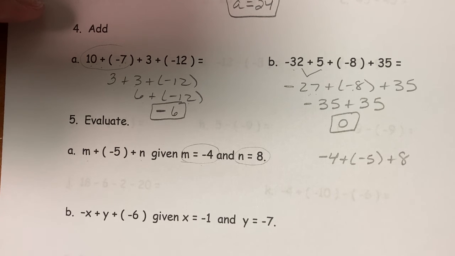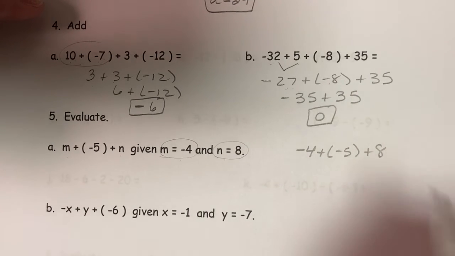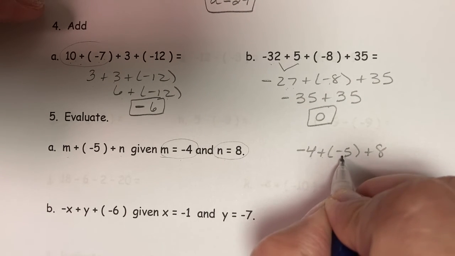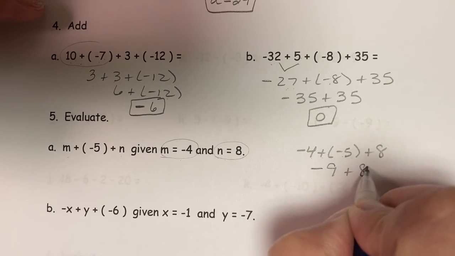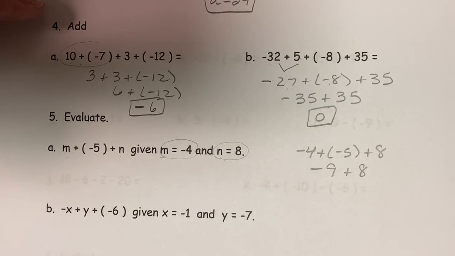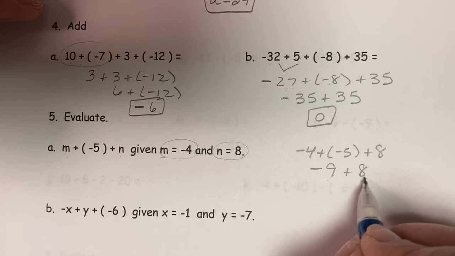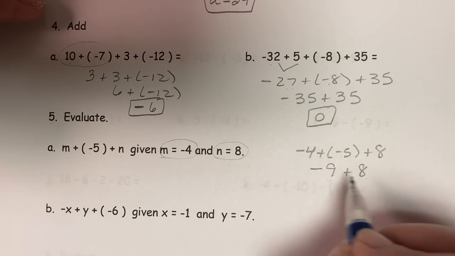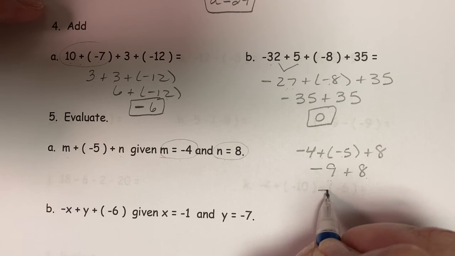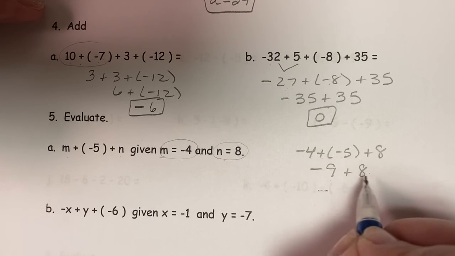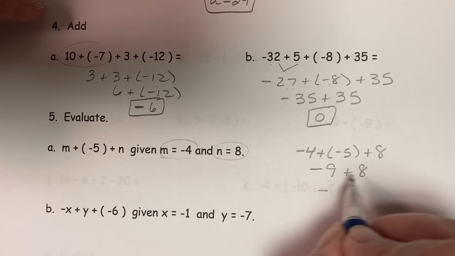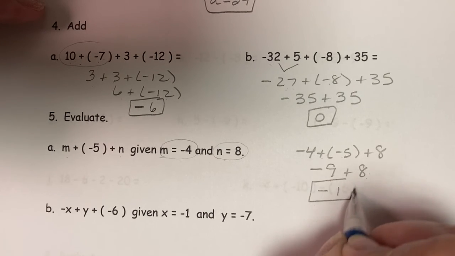Now let's go ahead and add them in order from left to right. So negative 4 plus negative 5. I'm adding two numbers with the same sign, so I take the sign and add the absolute values. Negative 9 plus 8, since the signs are different, I take the sign of the larger absolute value, so that's going to be negative, and I find the difference between their absolute values, and the difference between 9 and 8 is 1.